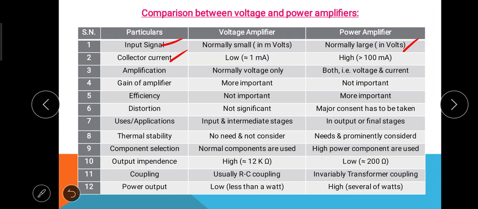But in case of power amplifier, this collector current level is high and typically it is greater than 100 milliamperes.